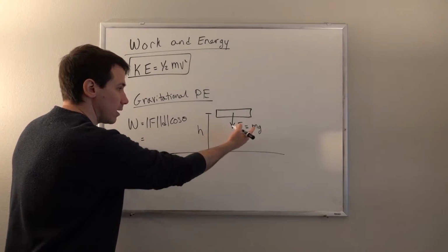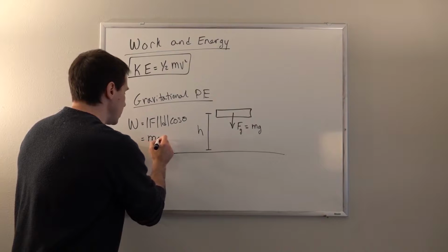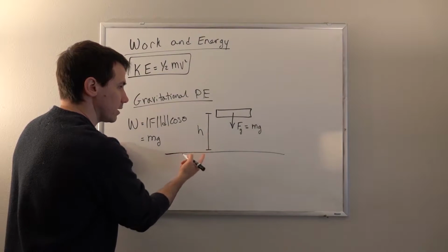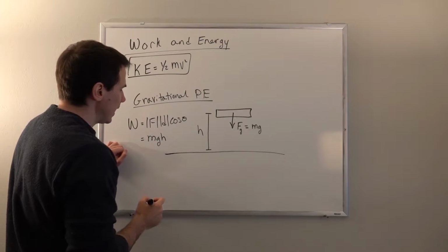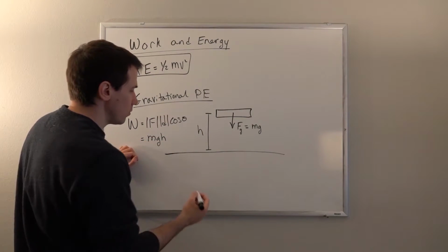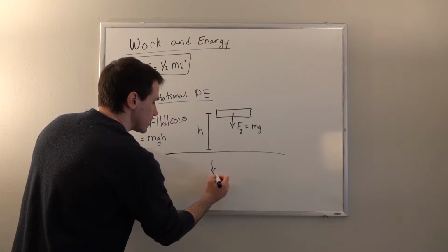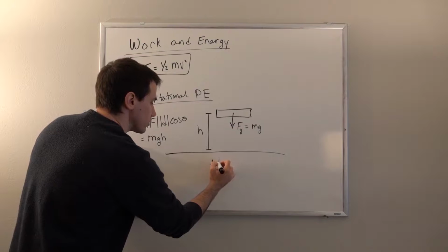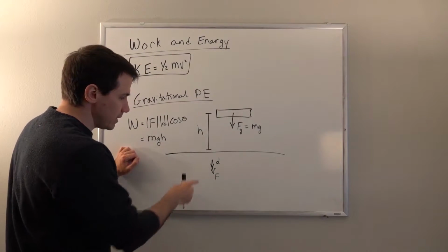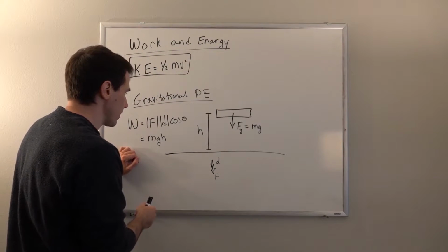Well, the force of gravity is just mg. The distance that we dropped is just h. And the cosine of theta here, well, the force of gravity points down, and the displacement also points down, which means there's a 0-degree angle between those vectors.